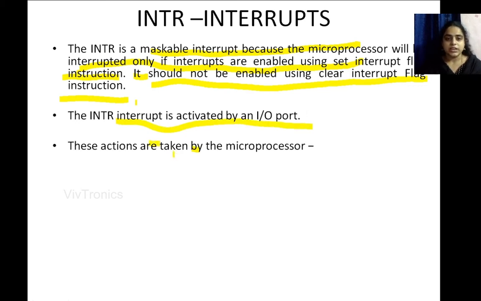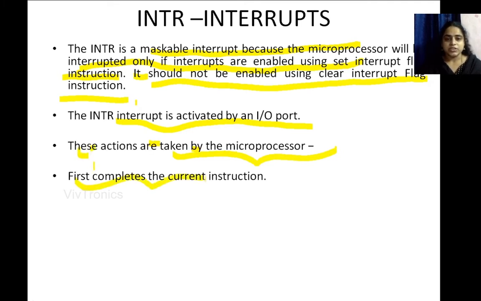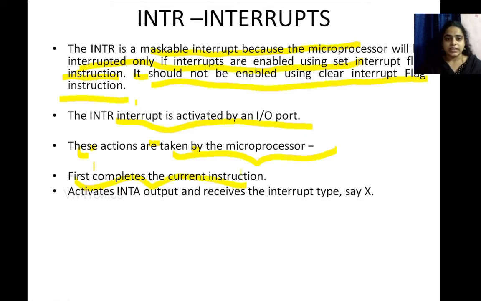These actions are taken by the microprocessor itself. It first completes the current instruction. The following steps occur when INTR comes into picture: it activates an interrupt acknowledgement output and receives an interrupt type.